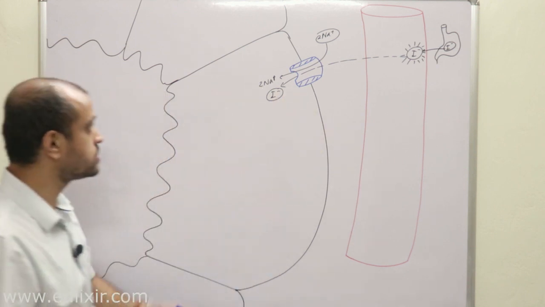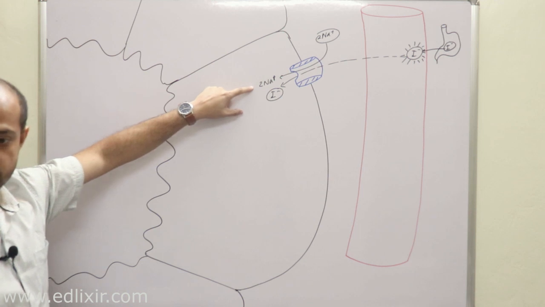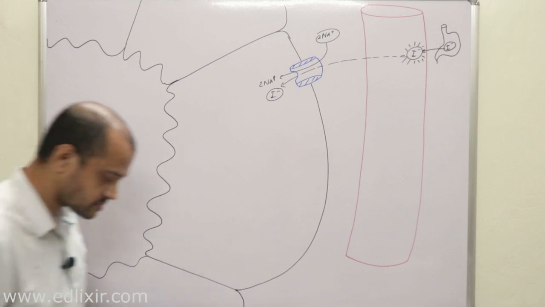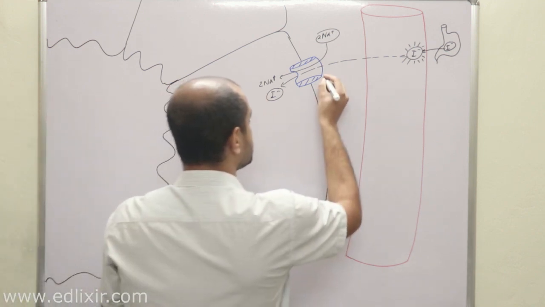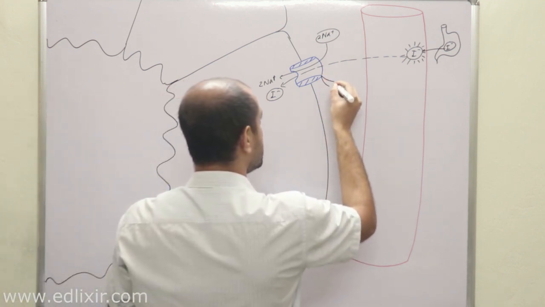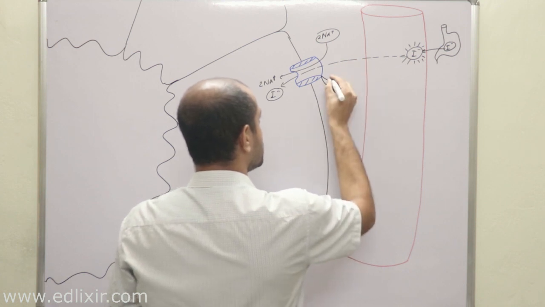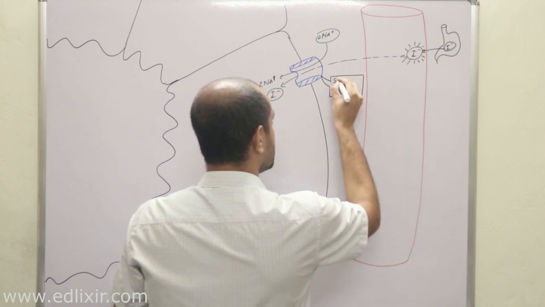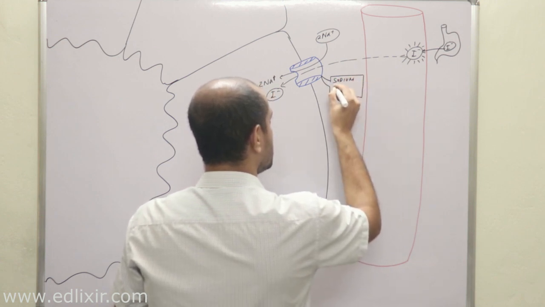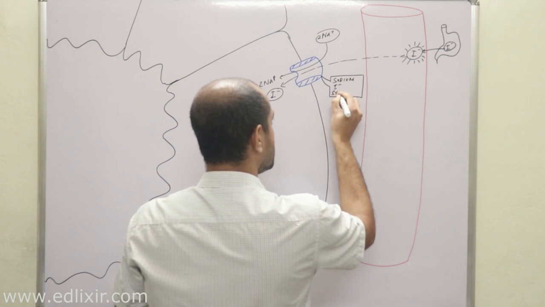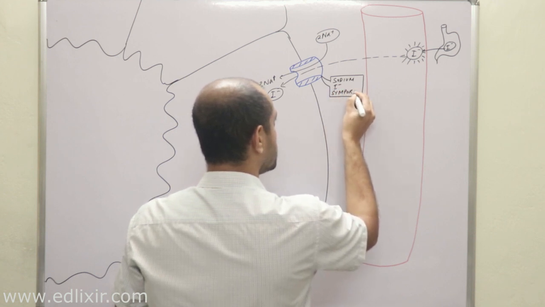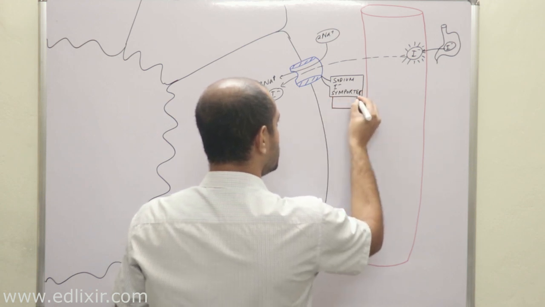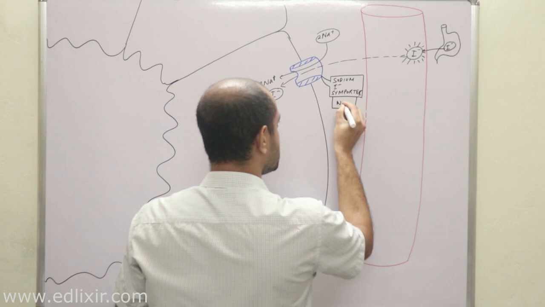So what we are seeing here is that iodide is entering with the help of what? Sodium. So this is the sodium iodide symporter, right? As it is known by the name of sodium iodide symporter, it has a nickname which is more popular, which is NIS.